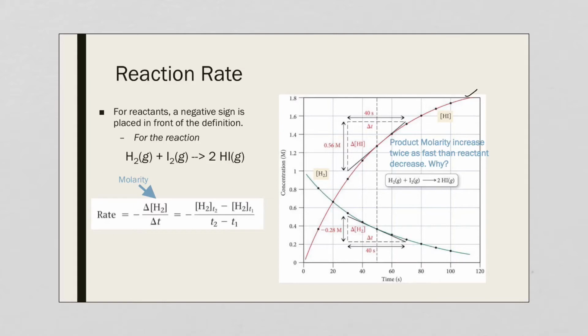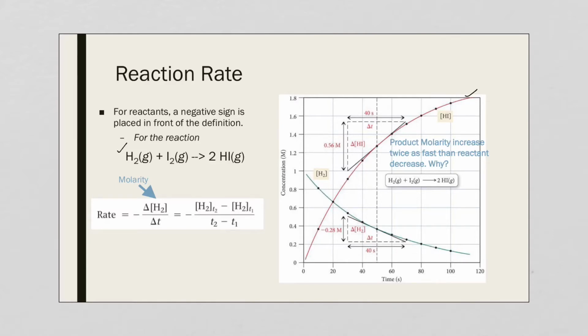Notice that the product concentration goes up over time, as you would expect, and the reactant concentration goes down over time, as you would expect. So this is the reaction we're looking at: hydrogen plus iodine gives two equivalents of HI. We would read this reaction as 1 mole of hydrogen gas reacts with 1 mole of iodine gas to give us 2 moles of HI gas.